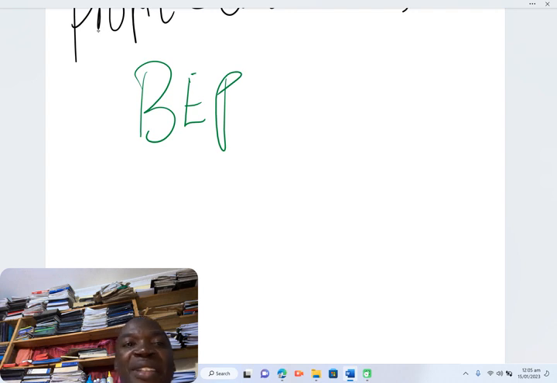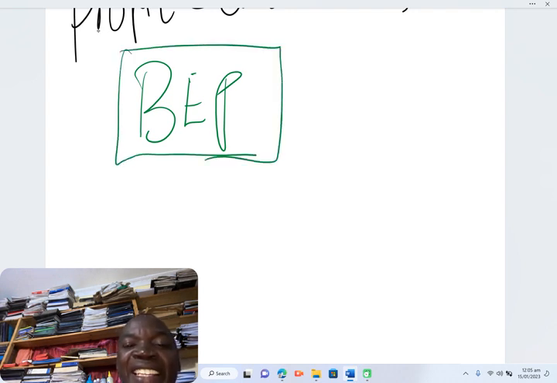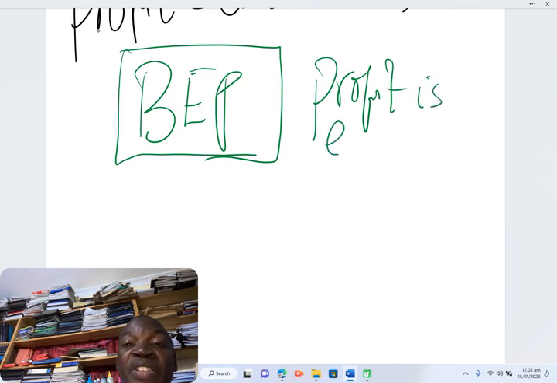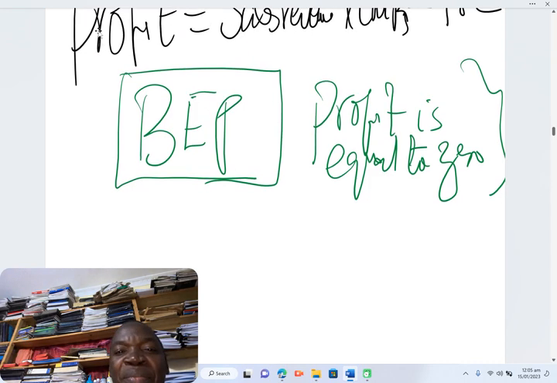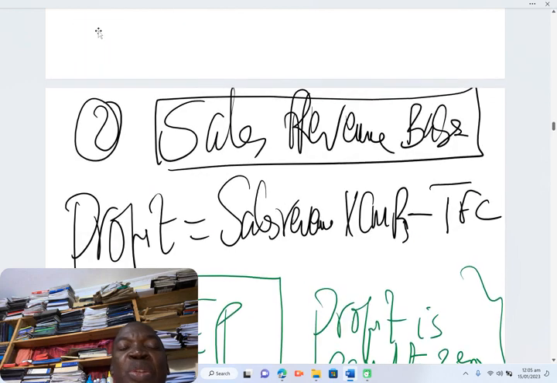BEP. Now, break-even point arises when the company does not make any profit. So BEP means profit is equal to 0. And if you draw the line, you could see the total cost and the total revenue are the same. But we should not go anywhere else. Number one, you have to think having these two formulas.